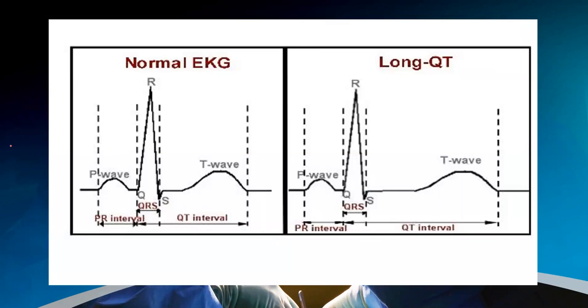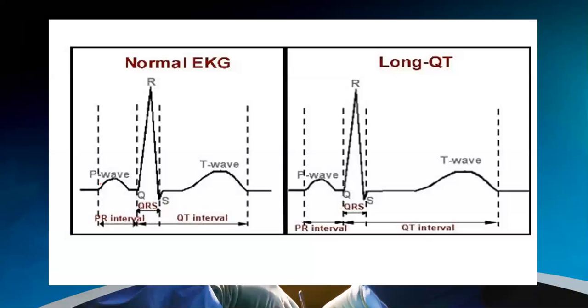Now for the ECG cases, you have to have a little idea about the ECG. I think most of you know because you passed your AMC MCQ, so you should have good ECG knowledge.